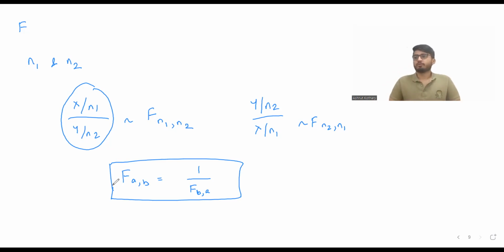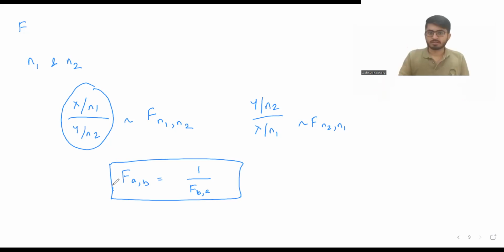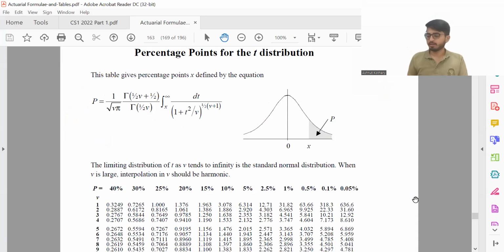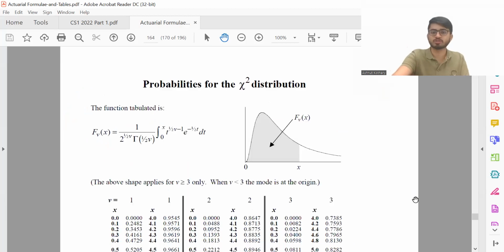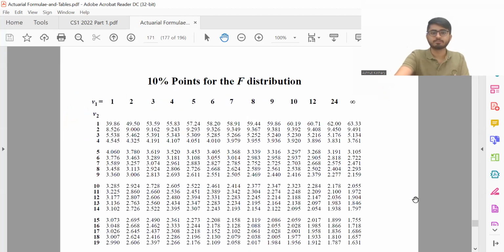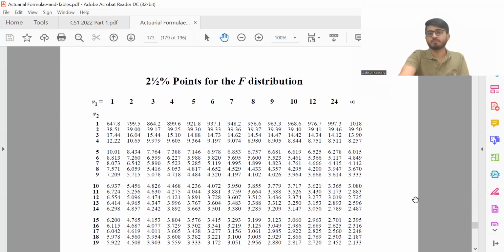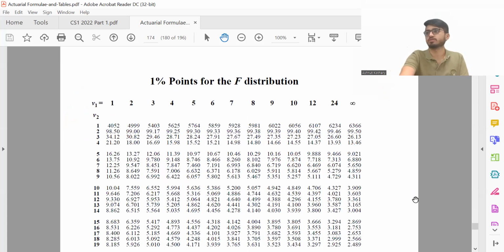Now note that again for F distribution we only have a percentage points table, and more specifically we have just 1%, 2.5%, 5% and 10%. So for T, if you will see, we have 40, 30, 25, 20, 15, 10, 5, and so on. But for F distribution, we have it for 10%, 5%, 2.5%, and 1%.